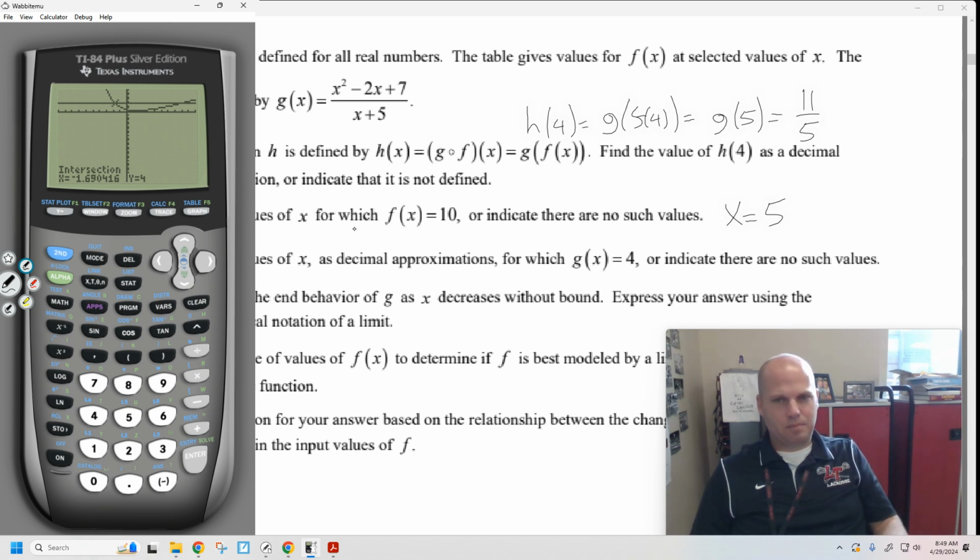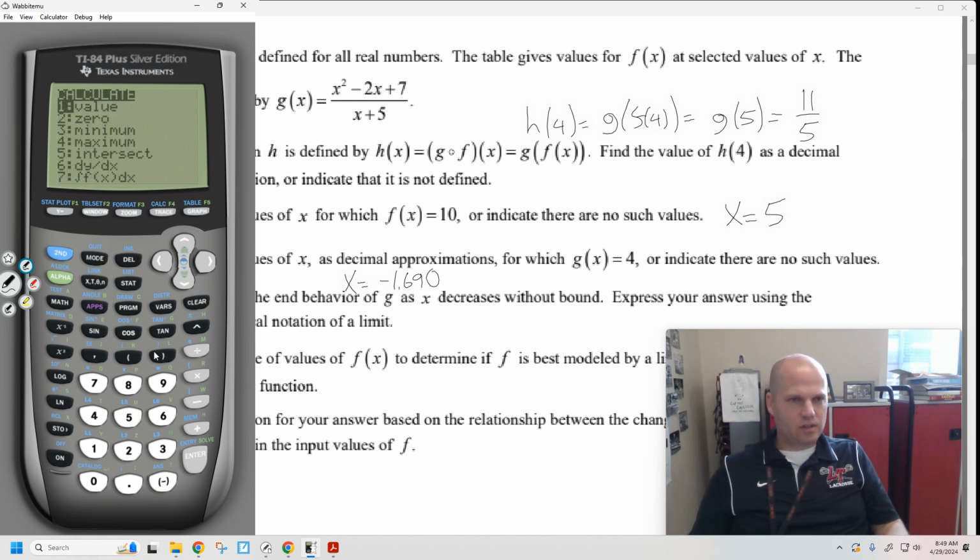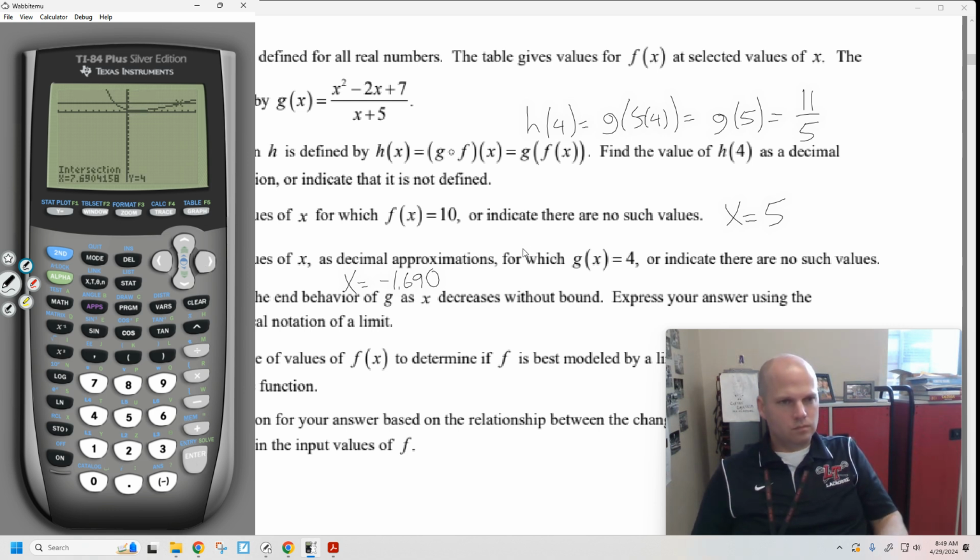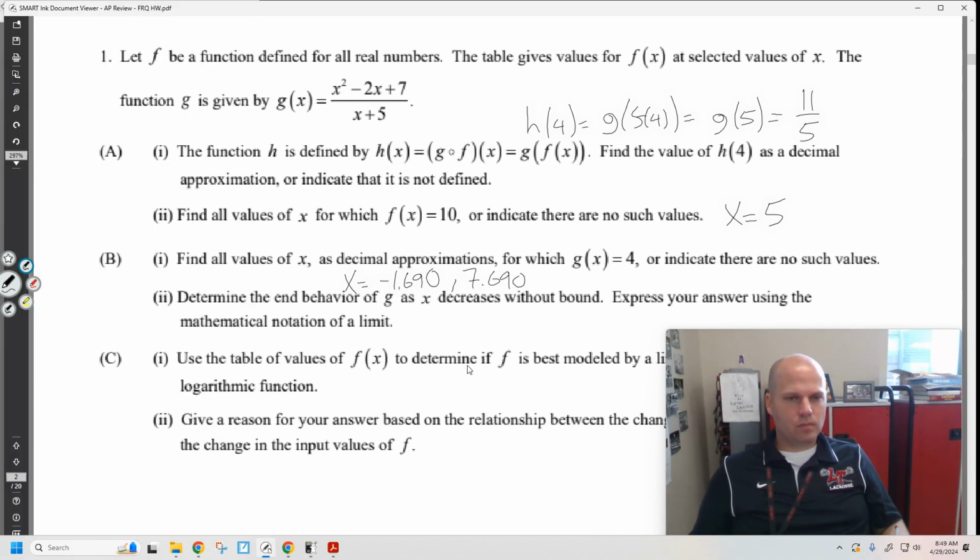I mean, you could keep zooming out, but you won't see anything else. So this is going to be it. Include the 0. It's accurate to the third decimal place.